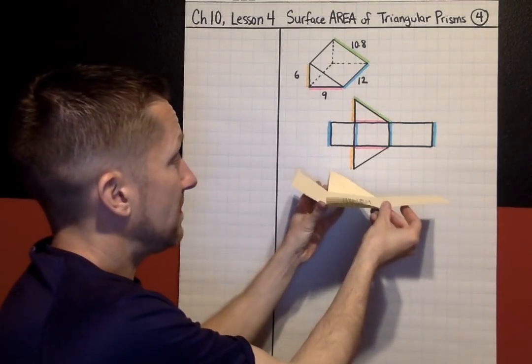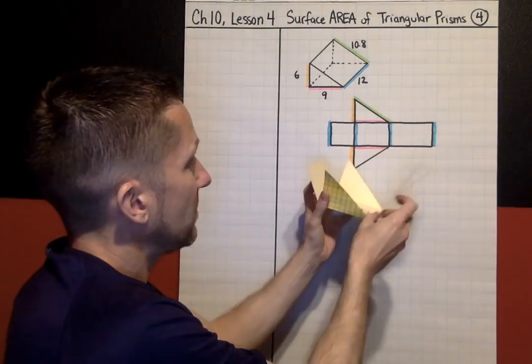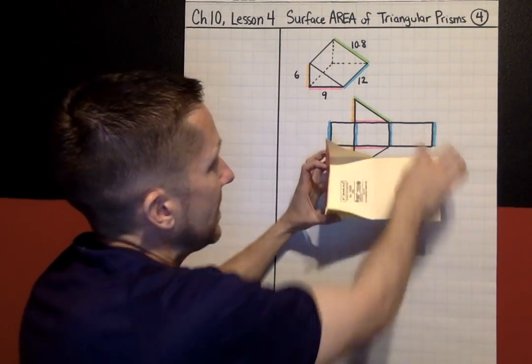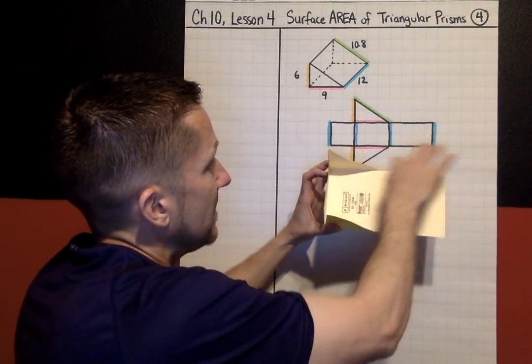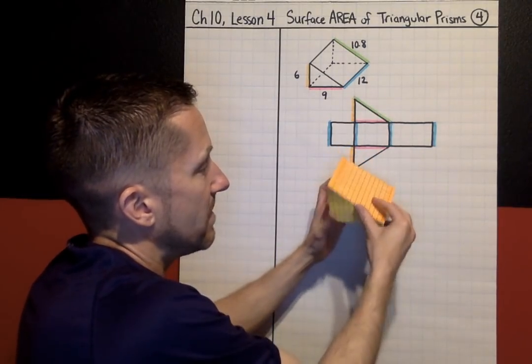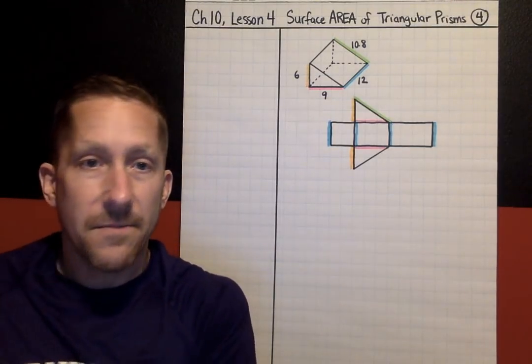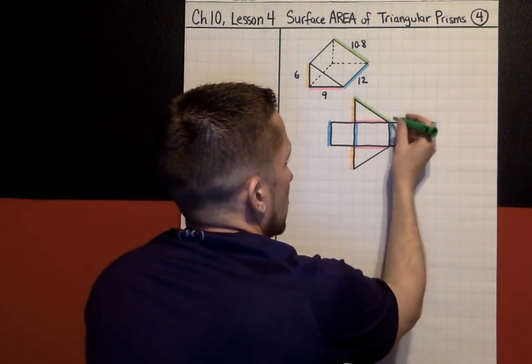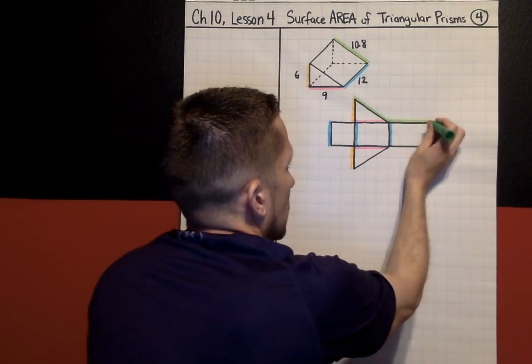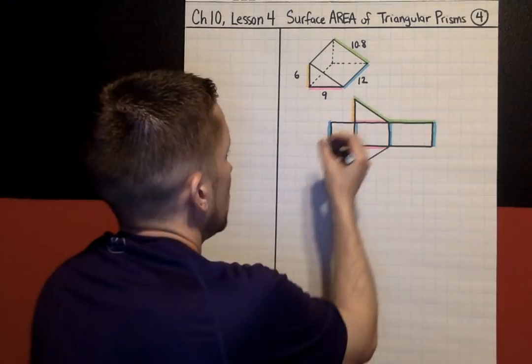So kind of visualize this flap comes up, triangle up, and then this rectangle right here, this edge is going to be the same as the slant. That's this part right here. So that green, that's also a green. So now I'm going to go label all these amounts.